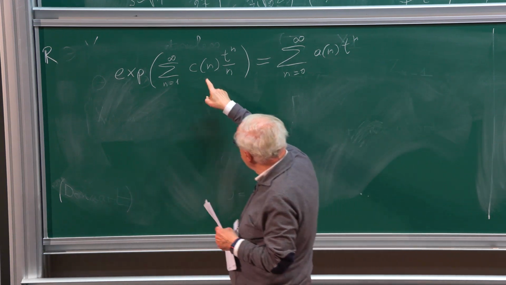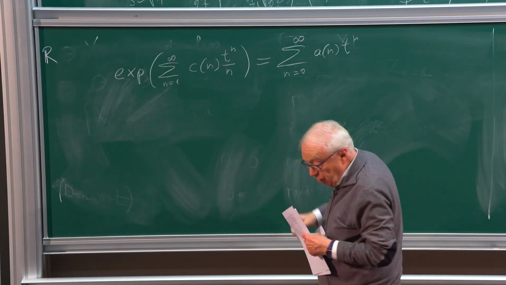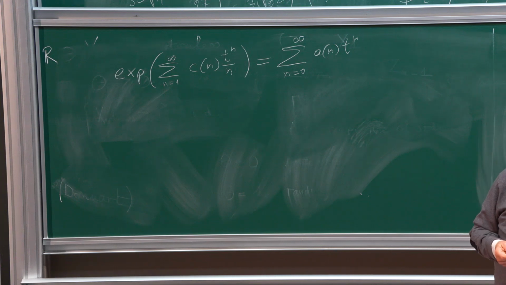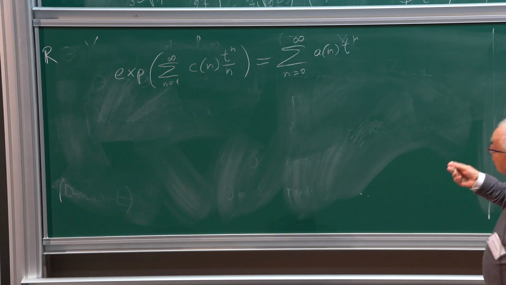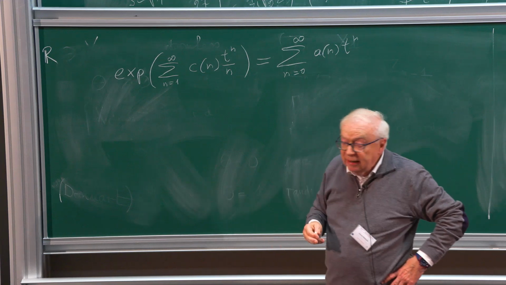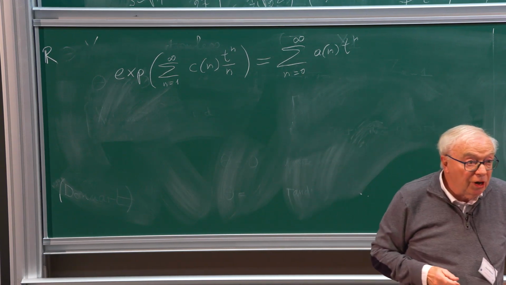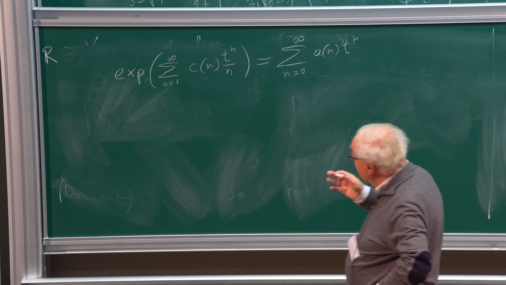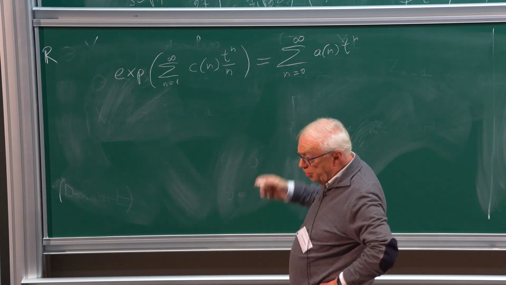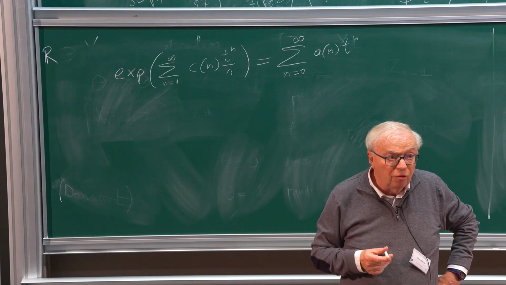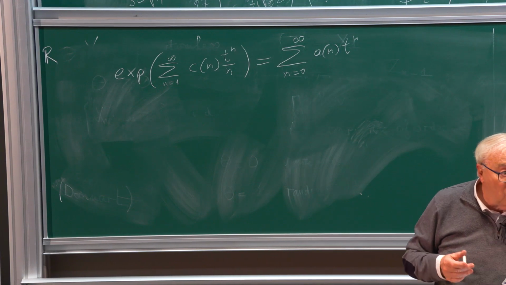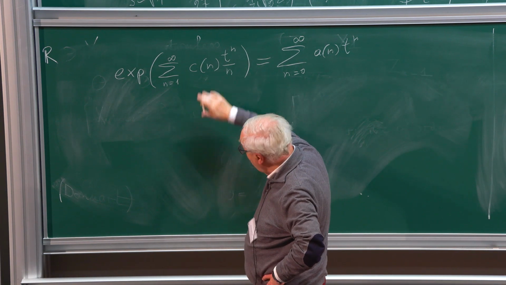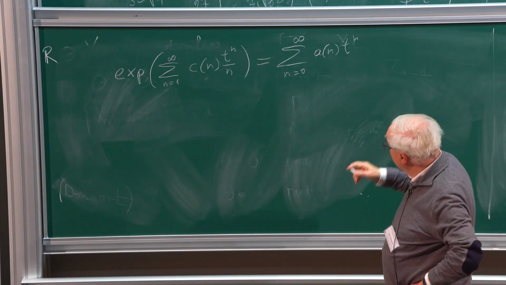I have chosen the names C and A for funny reasons, because many of us have seen a similar formula in the combinatorial context, because this is, with slight modification, the content of the so-called exponential formula of combinatorics, whereas here, apart from this n, we have ordinary generating functions.